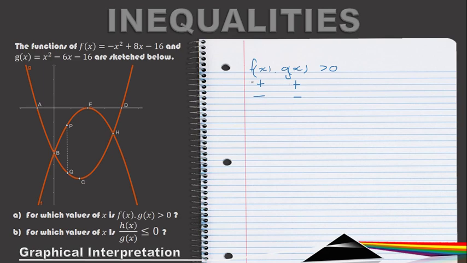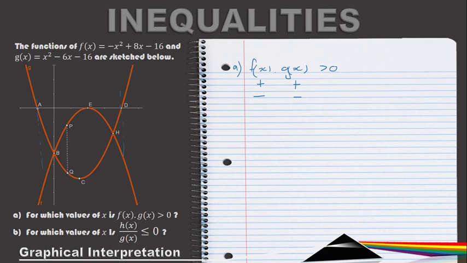Now for the first scenario, we will look at where both of these graphs lie above the x-axis. As you can see, there's no place where both of them lie above the x-axis. So this condition doesn't hold. Then if we move on to the next condition, where both of the functions are negative: g(x) crosses the x-axis over here and over here.